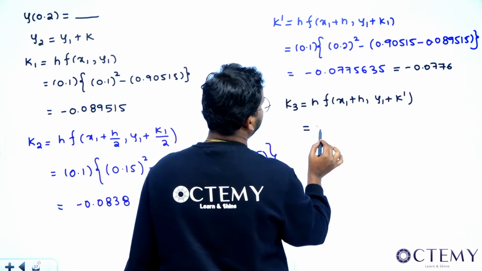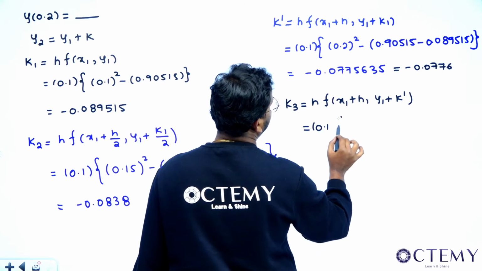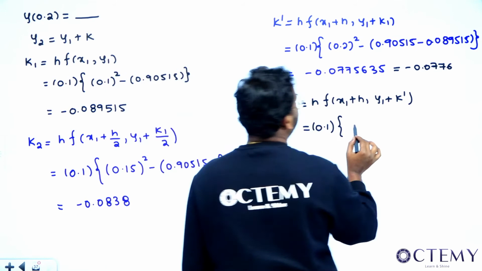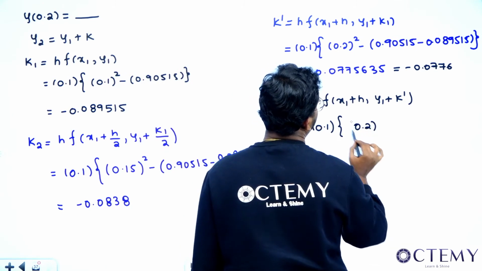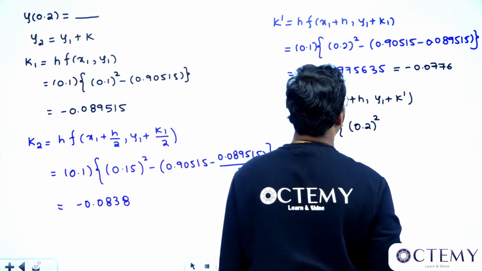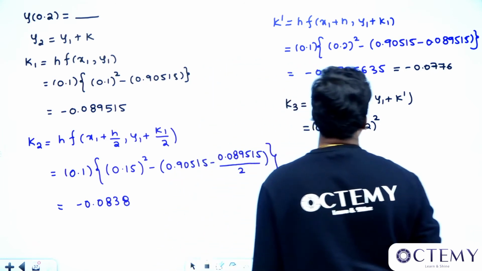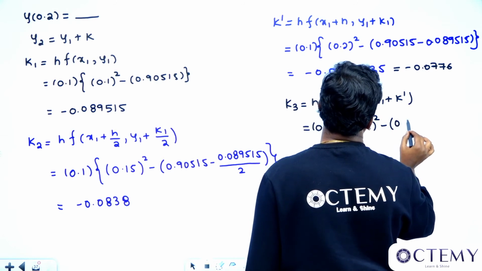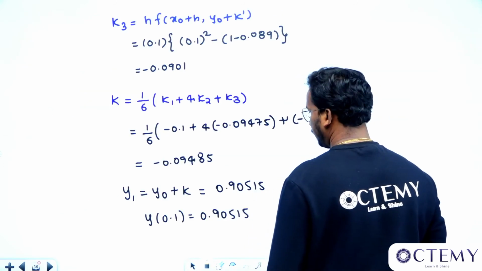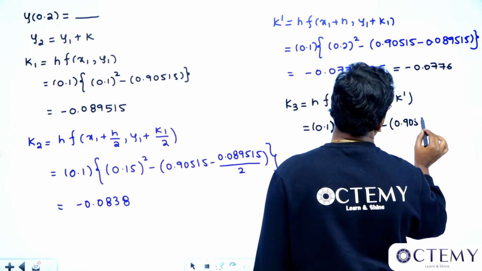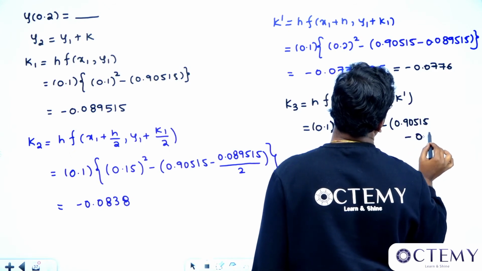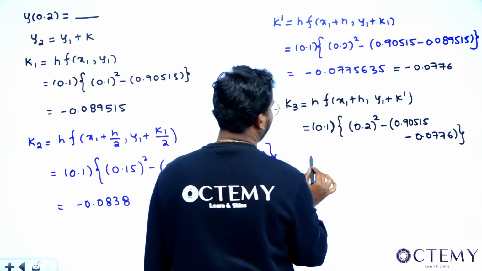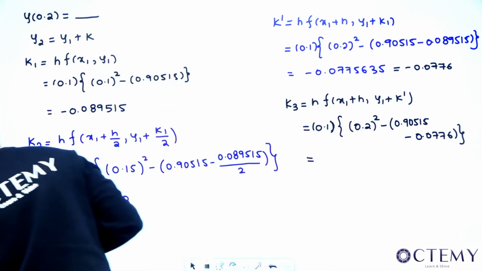So this will become 0.1 times, what is x1? x1 is 0.1, h is 0.1, so 0.2 square minus what is y1, sir? y1 you got as 0.90515, and k dash. So minus 0.90515 minus 0.0776.